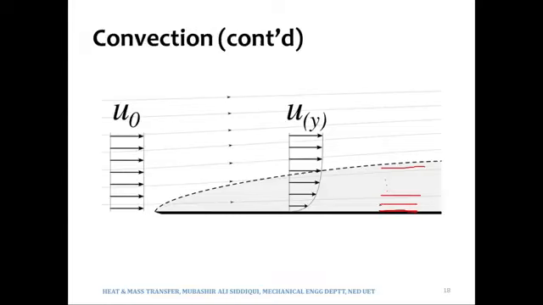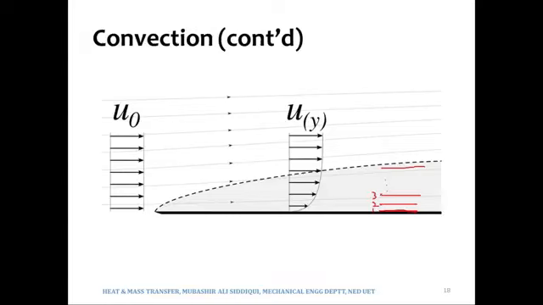It may have a velocity of, for example, 0.5 meters per second. You may assume it as 0.5 meters per second. And then the third layer, if I call it the first layer, the second layer, and the third layer, and so on, would have a velocity greater than 0.5.